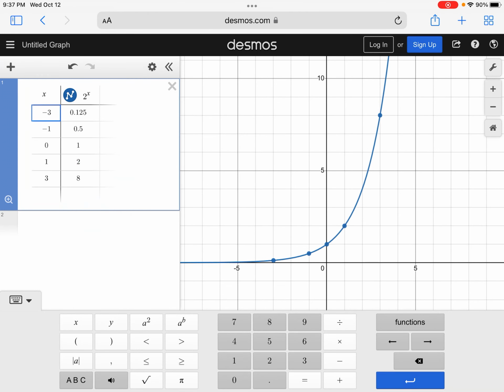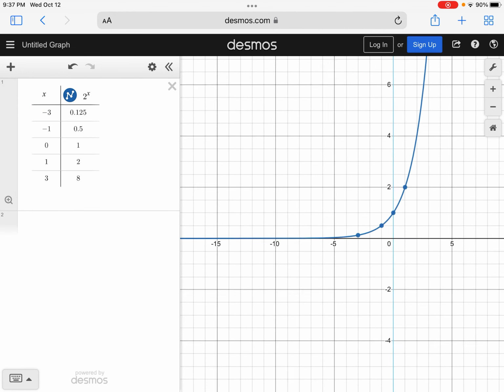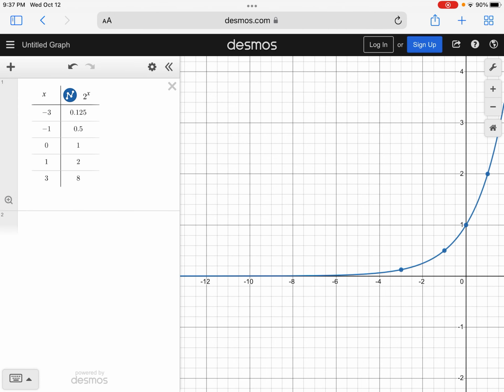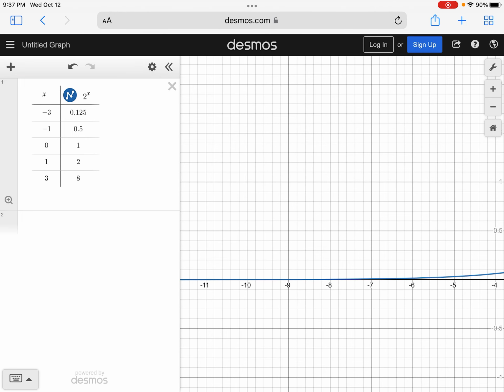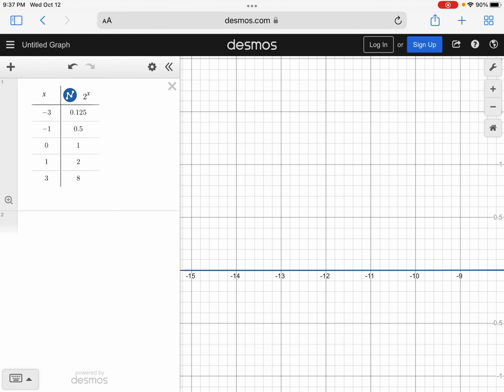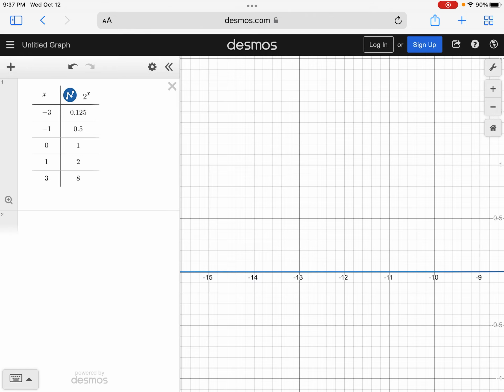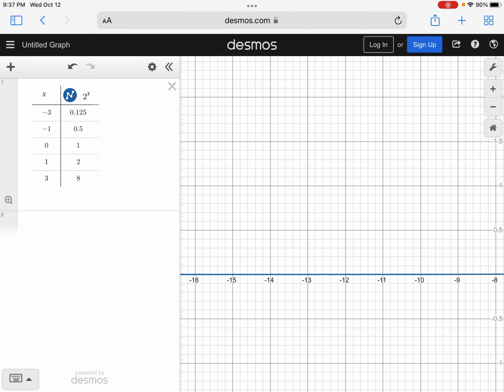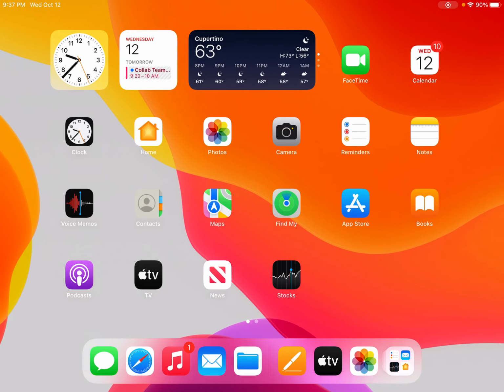If you had a graphing calculator where you could scroll through the table of values quickly, which I can show you how to do on Monday, you would notice that these values just keep getting smaller and smaller as they approach the x-axis. But this exponential function never actually crosses the x-axis.